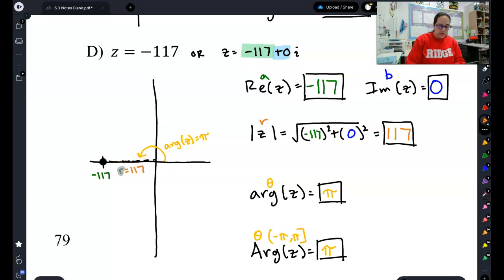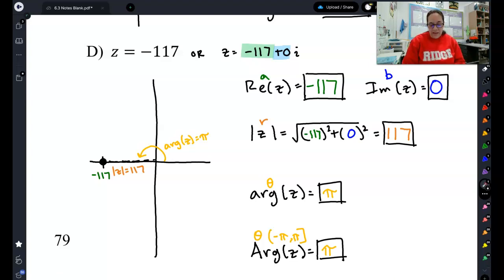And you don't have to use arctan, you don't have to use your equation for this one, because it's on the x-axis. We know our argument is going to be pi. Now, you could also write this as negative pi, but for the principal argument, notice that negative pi has a parenthesis, we don't include it. So for the principal argument, this would also be pi.